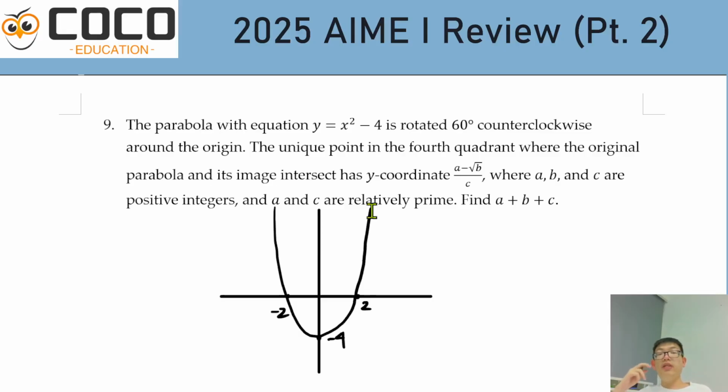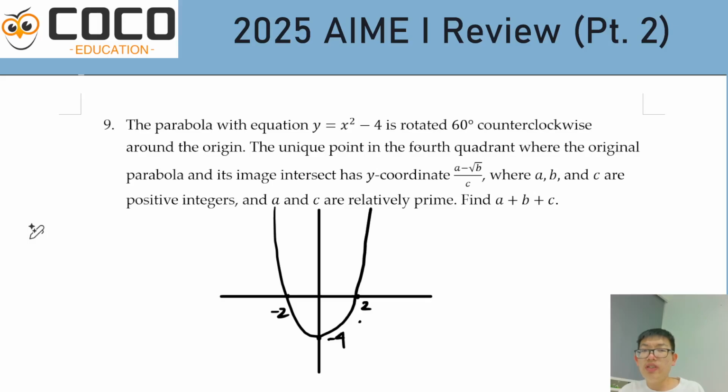Okay, so this is a parabola before rotation, and then I need to rotate it 60 degrees counterclockwise about the origin. So that means that I'm going to have... I don't actually know how to draw this very well, to be honest. Maybe I'm not going to draw it then.